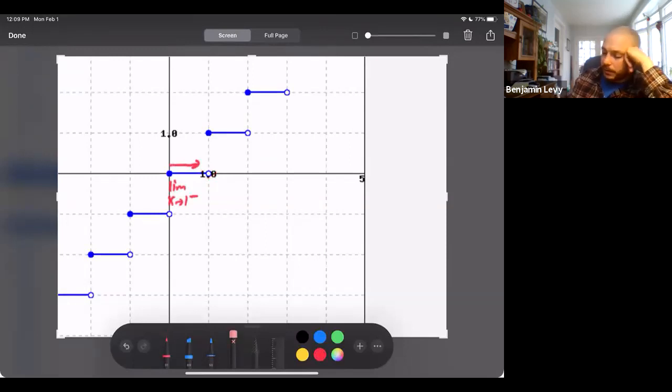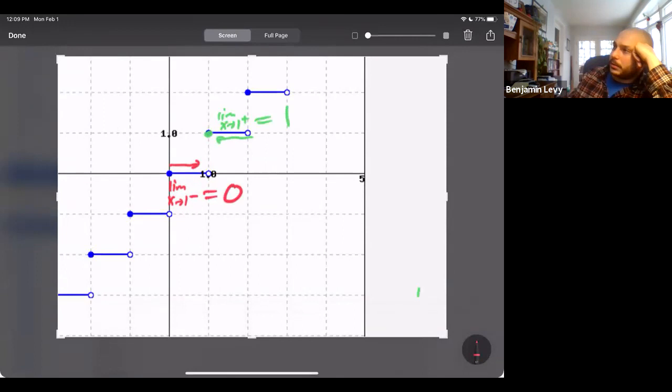And if we approach 1 from the right, we're up on the other piece. We'd be walking along on this piece towards that number, right? And so this equals 1 and the other one equals 0.